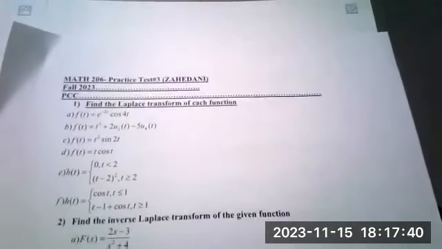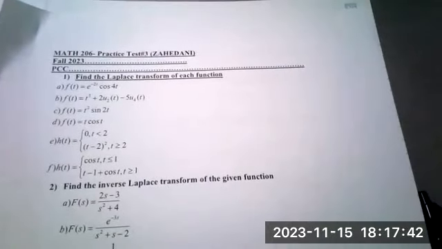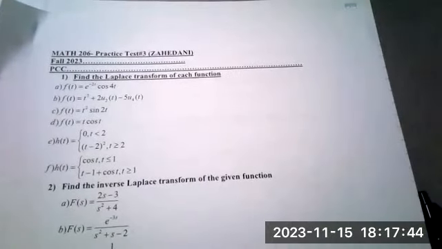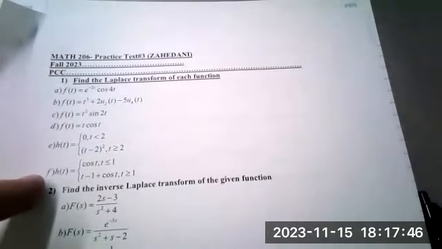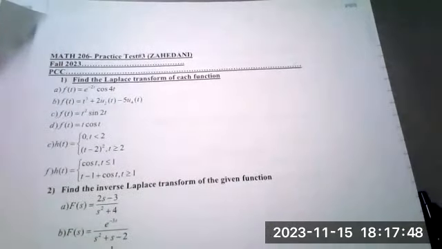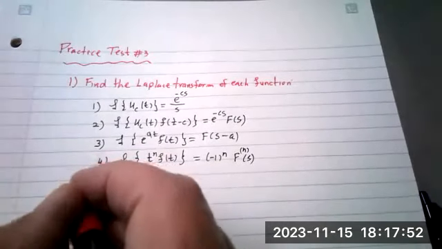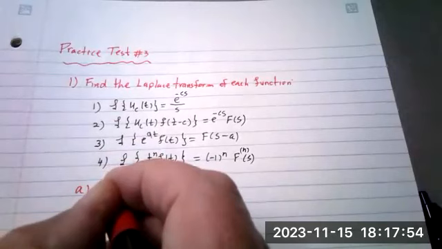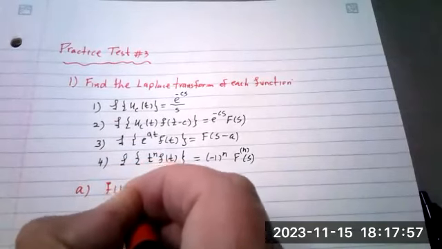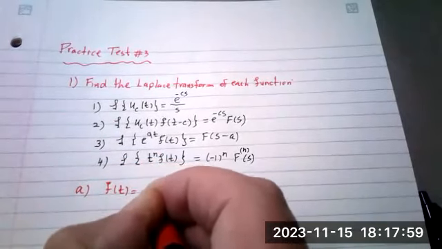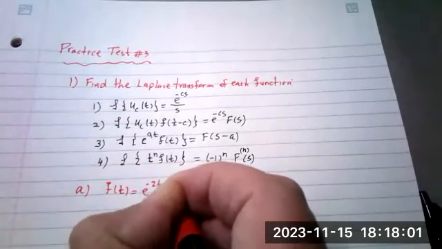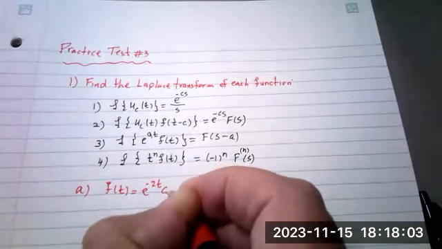So this is the one that we're going to do. Number 1 is Laplace transform. Exactly, you have to use these. Okay, so we go for it. This is it. Part 1, the function is f(t) equal to e to the negative 2t, okay, cosine of 4t.